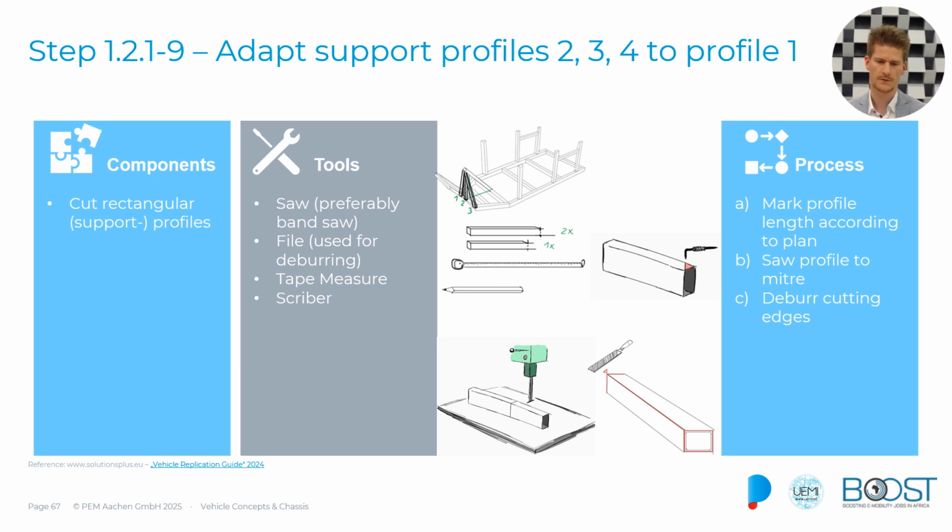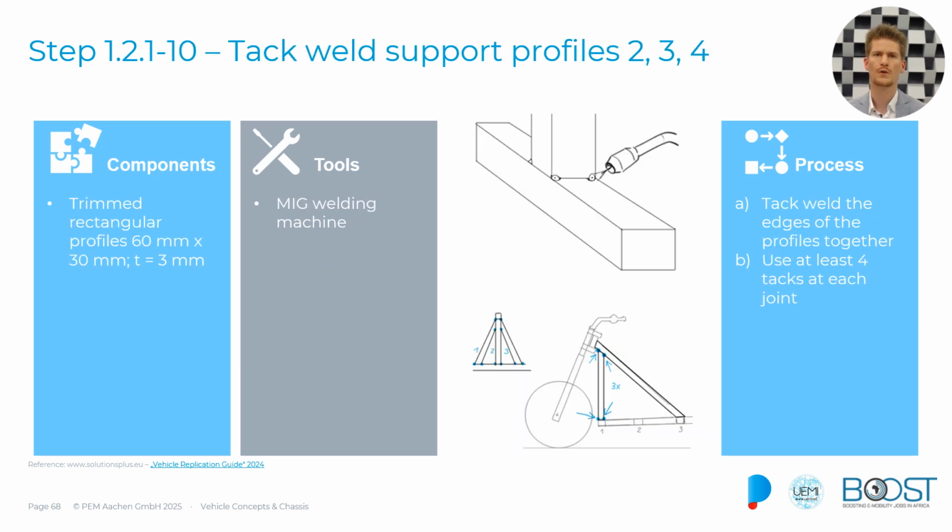So we will cut again our profiles so that we can see, like on this area, that we get this triangular shape to team up with our strut here. And we deburr this again as mentioned before. We will then tack weld these support profiles as well to the frame, in this case the base frame.